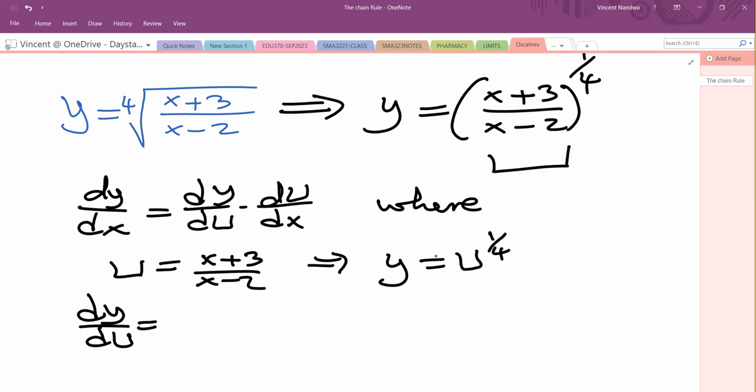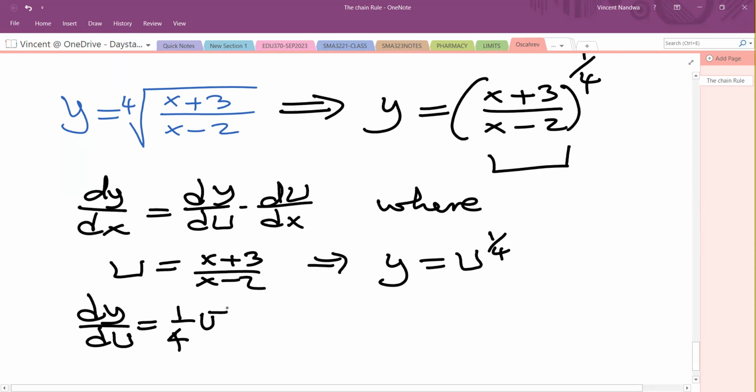So inakupatia ngapi? 1 over 4 u power, and then juu sasa tuna drop the power, then tunatoa 1 from the power, okay?